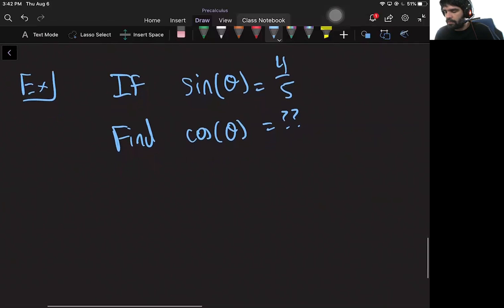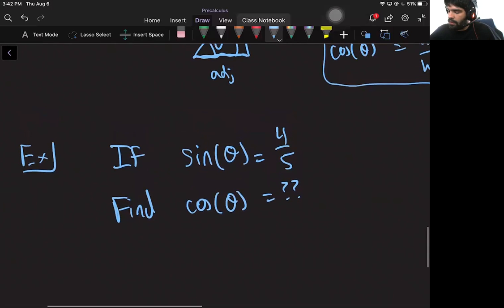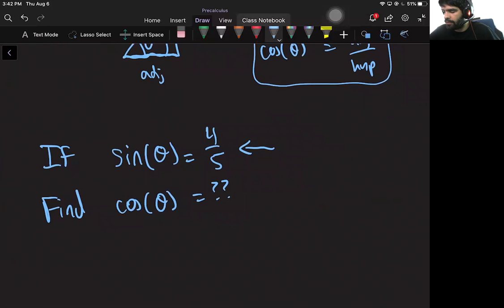So how can I possibly do that? Well, what I'm going to do is use sine's relationship to the side lengths of a triangle to draw a triangle, specifically a right triangle.